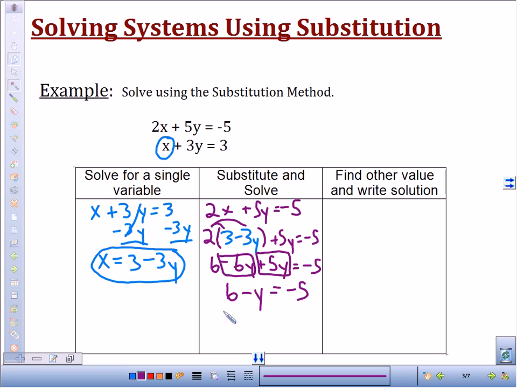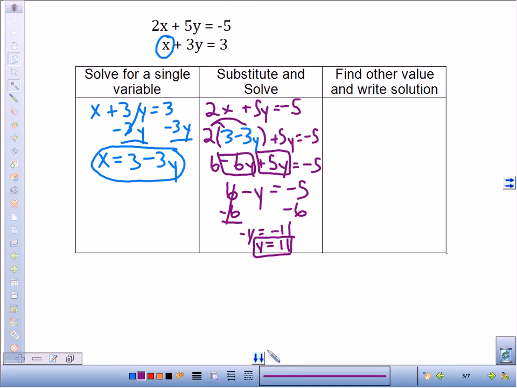I need to solve for y, so I will subtract 6 from both sides. Negative y equals negative 11, so y must equal 11.